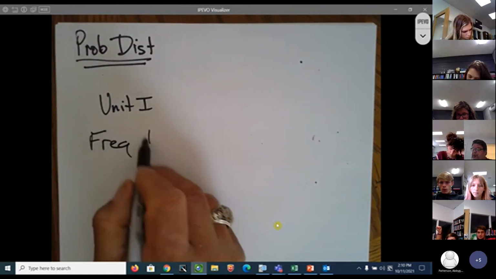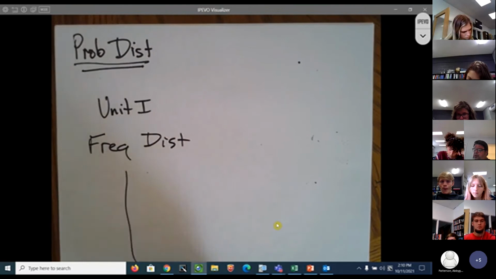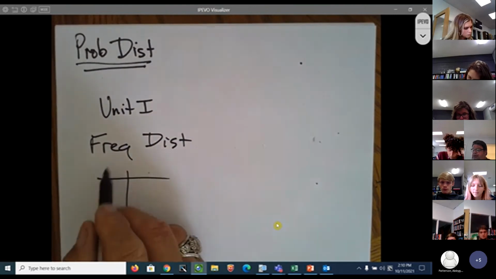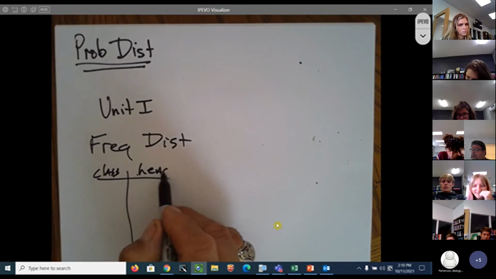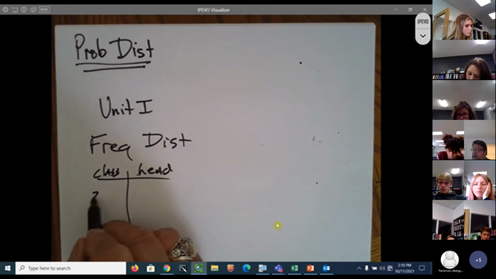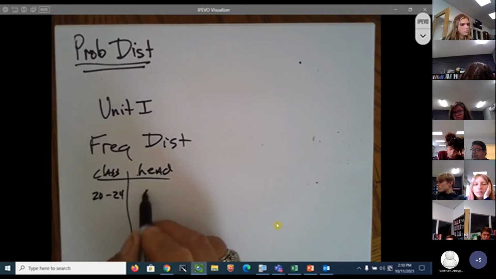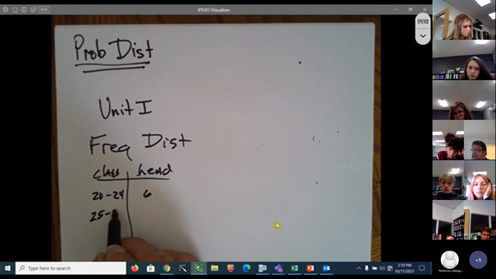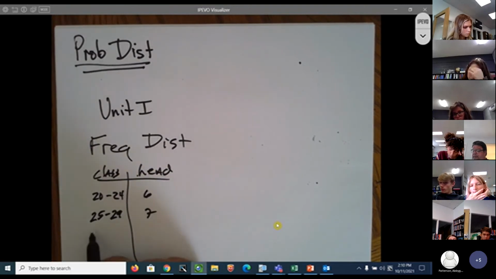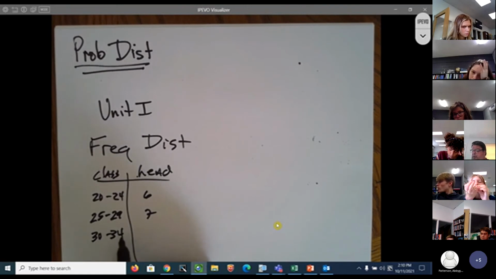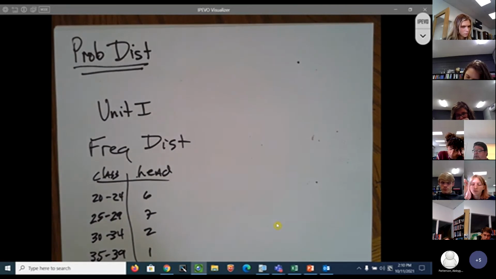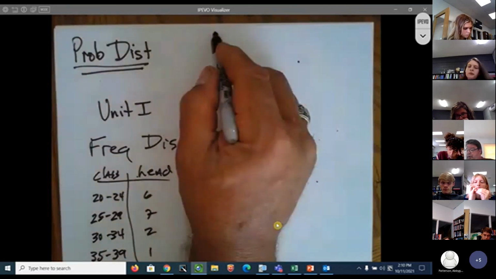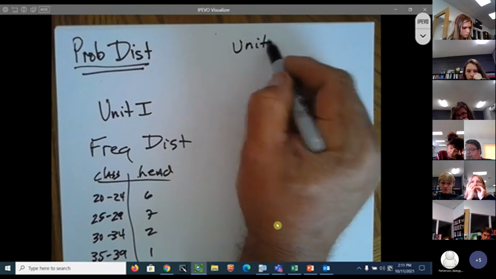And a frequency distribution was classes and head count. 20 to 24, 6. 25 to 29, 7. 30 to 34, 2. 35 to 39, 1. Well, and then in Unit 2, you learned probability.